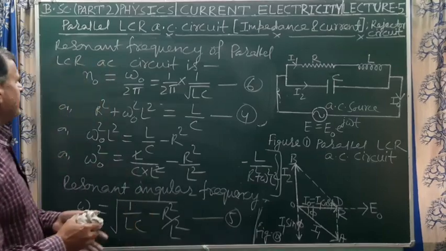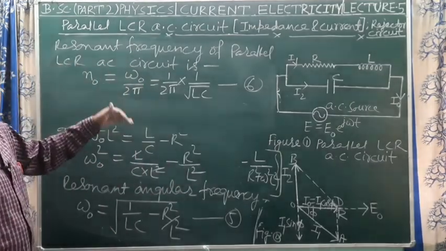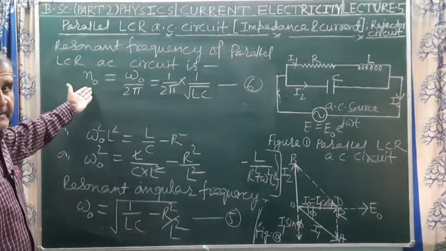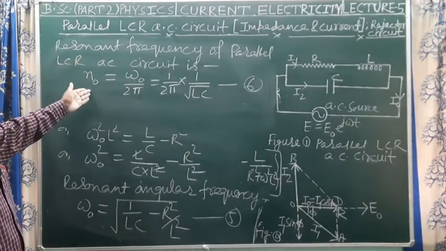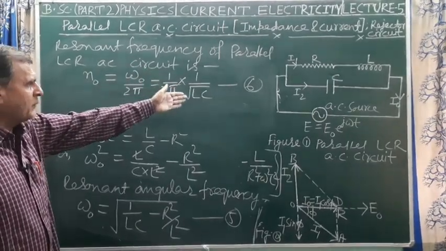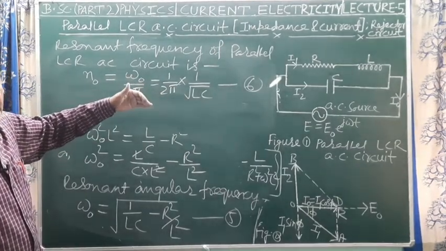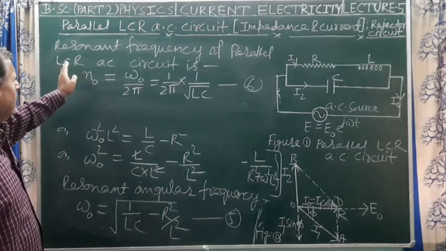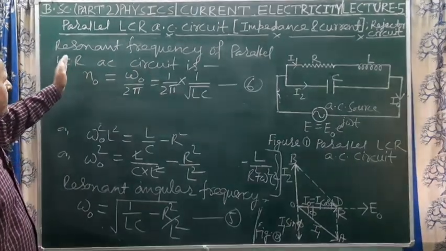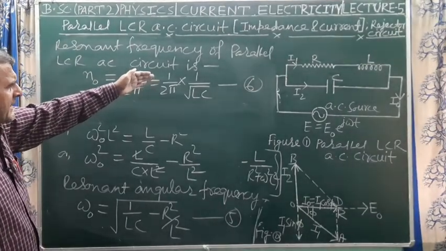And this expression for the resonant frequency of a parallel LCR AC circuit is the same as that of the series LCR AC resonant circuit. यह एक्सप्रेशन पैरेलल LCR AC सर्किट में रेजोनेंट फ्रीक्वेंसी का है, N0 इक्वल्स टू ओमेगा नॉट अपॉन 2 पाई, and it is equal to 1 by 2 pi multiplied by 1 by root under LC.